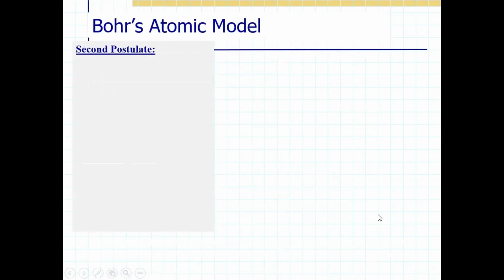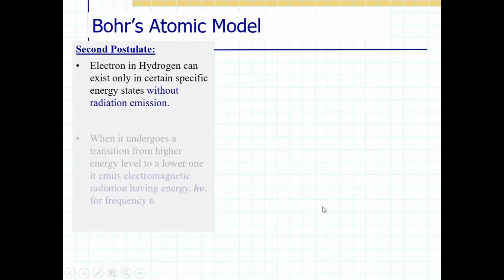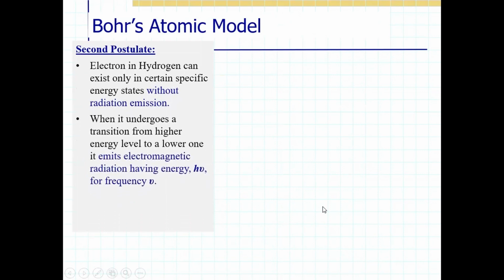So Bohr's model, second postulate, was followed. Electrons in hydrogen can exist only in certain specific energy states without radiating any energy at all. When they undergo a transition from a high energy level to a low energy level, they are going to emit electromagnetic radiation with the energy h nu, with the frequency nu.